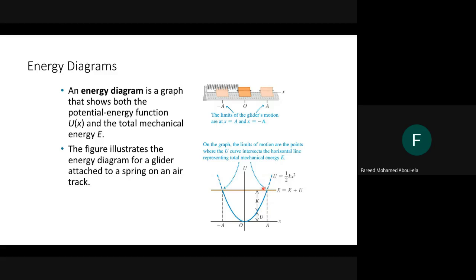So the potential energy was just converted into kinetic energy. The total energy is shown here. The mass cannot go farther than A, because there is not enough energy.